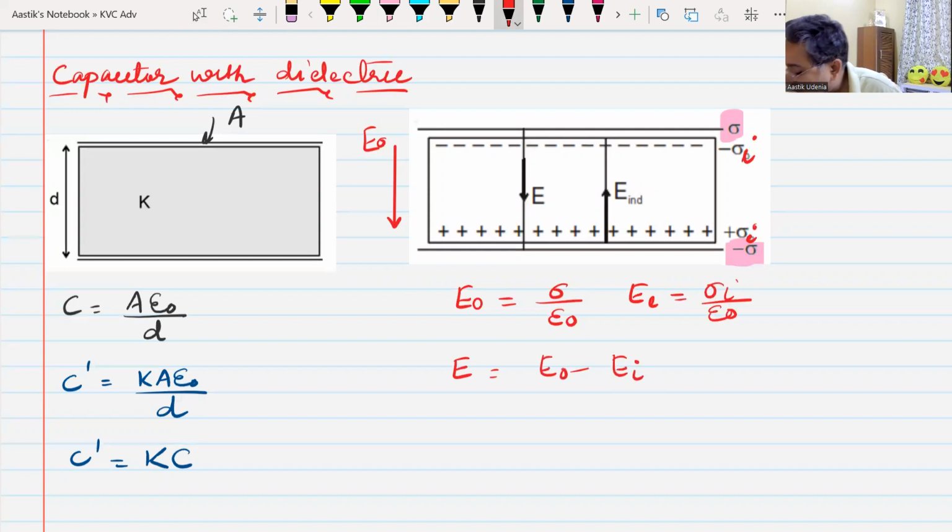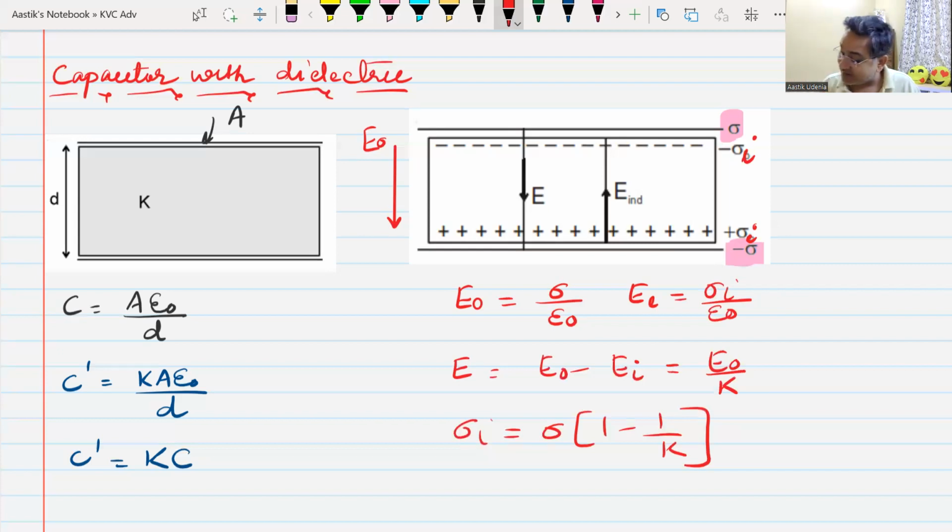Do we understand how we get the relation between sigma I and sigma? So from here you will get sigma I as sigma into 1 minus 1 by K, because this E is nothing but E naught divided by K. Do we understand how we got those relations which were given in the previous case?